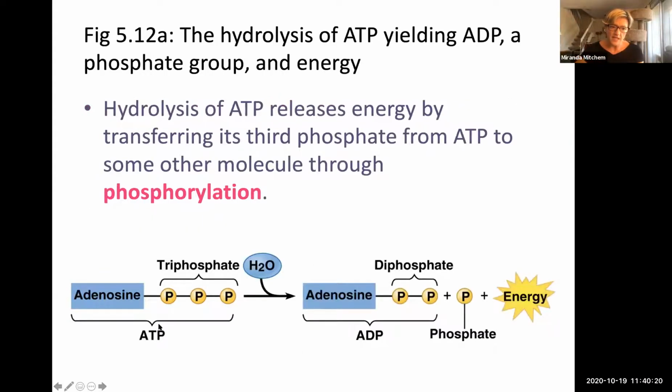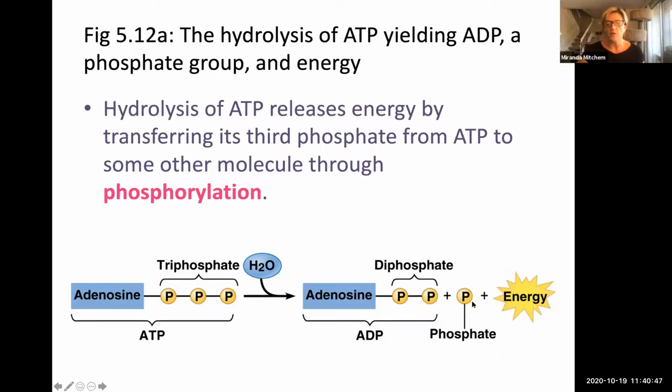Now, when ATP is hydrolyzed, the addition of water, that results in the breakdown of ATP into a different molecule called adenosine diphosphate, since there are just 2 phosphates left. But we do have left over this inorganic phosphate group that came off of ATP.